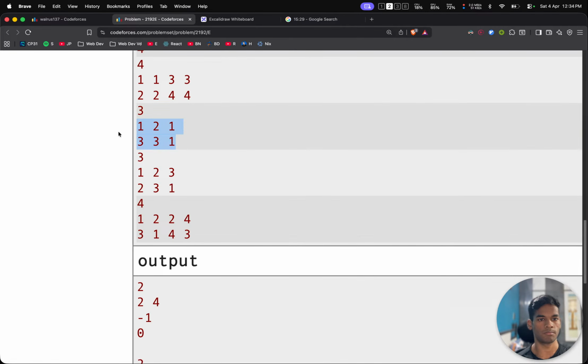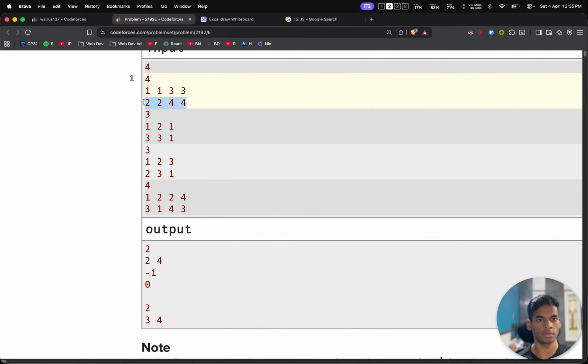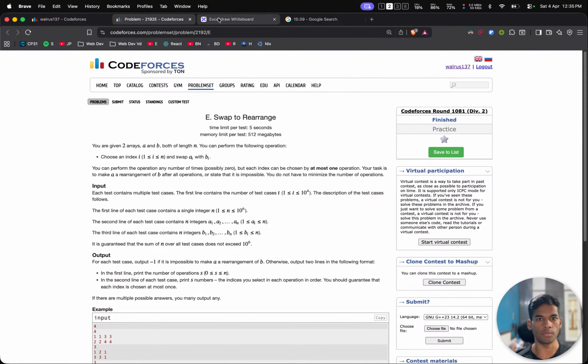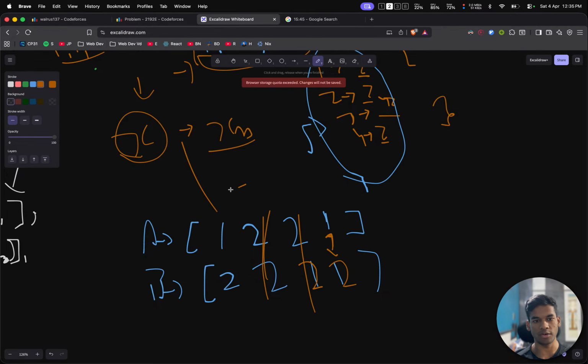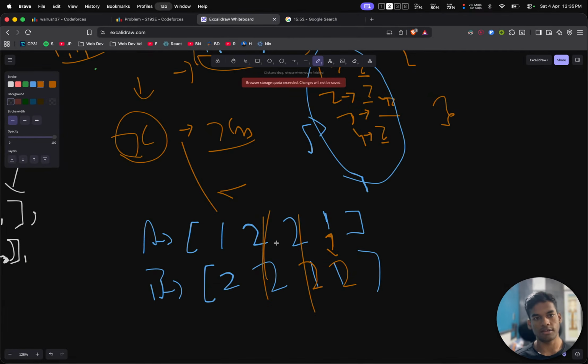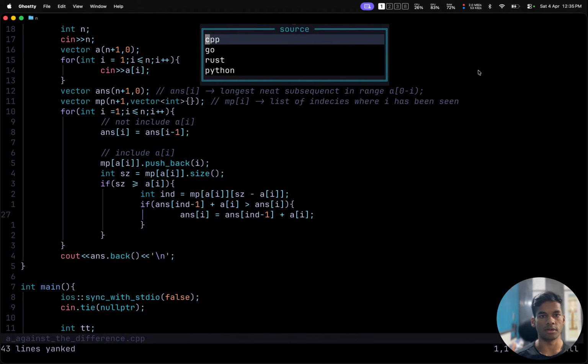Yep, makes sense. Here we can. Okay, maybe this is the only check that we have to do. But this is E in division 2, so the answer might not be this simple. Just checking the count, but let's see. It might actually be this simple.